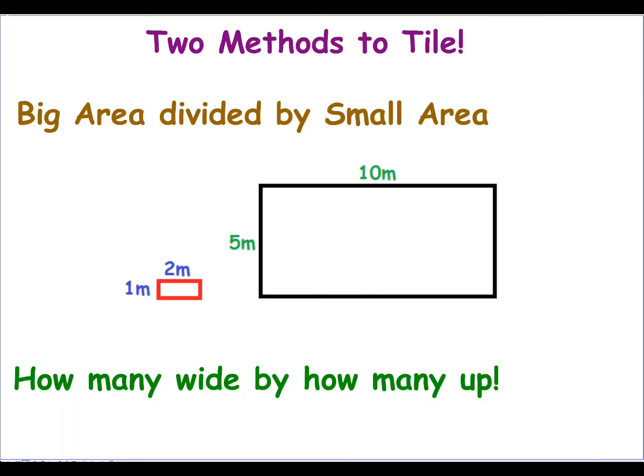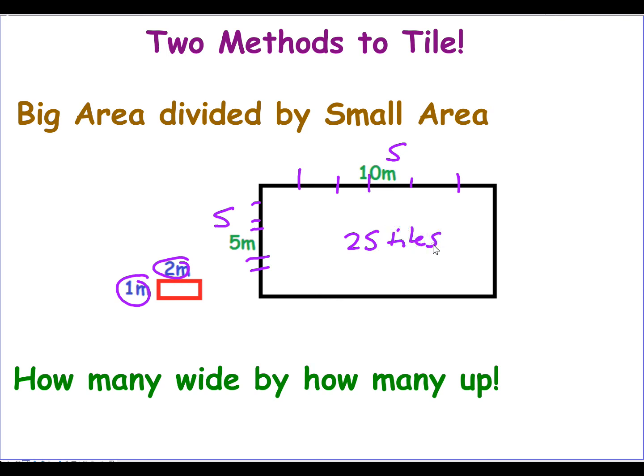So there are two methods to do tiling. One of the methods could be that you look at the dimensions of the tile and you work out you need 5 that way and 5 that way to give you 25 tiles.